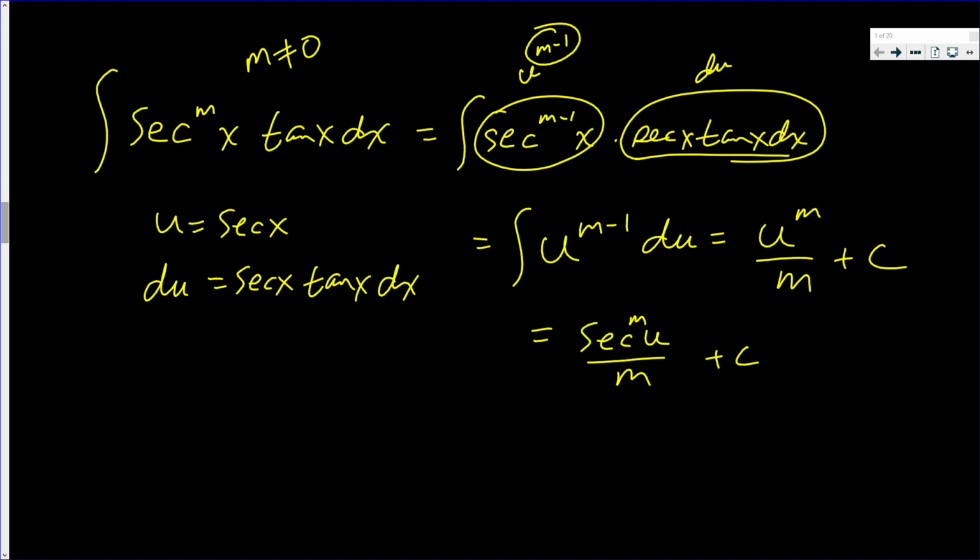Now, what if m is 0? That is, if you have just the integral of tan x dx, you can say, wait a minute, I want to multiply by secant x.